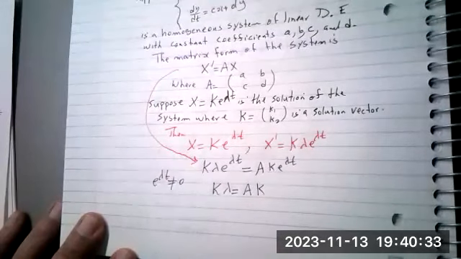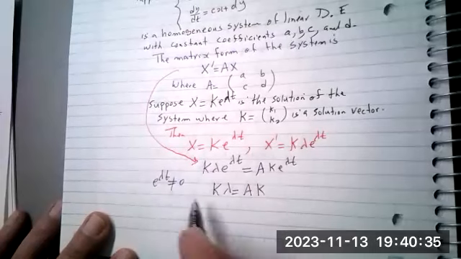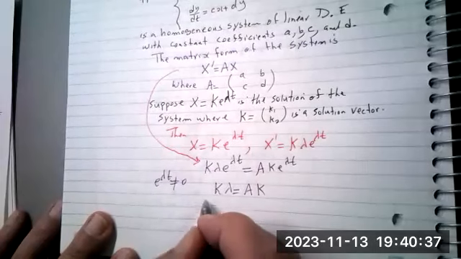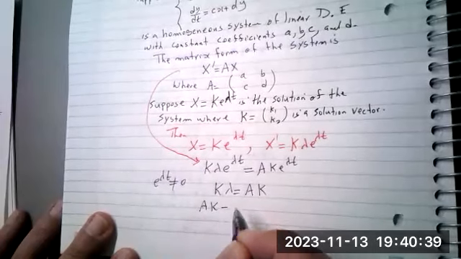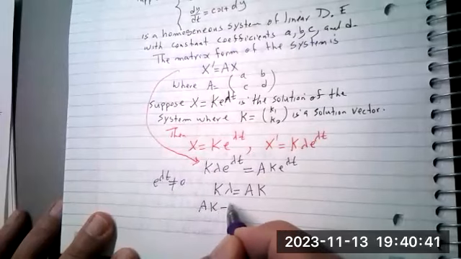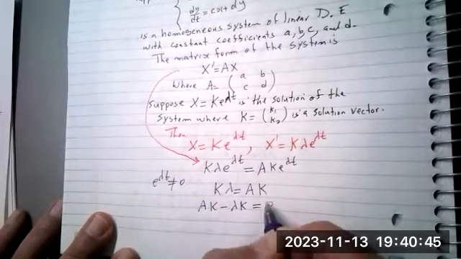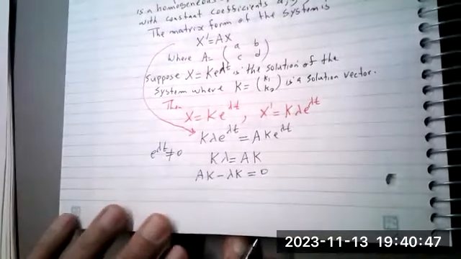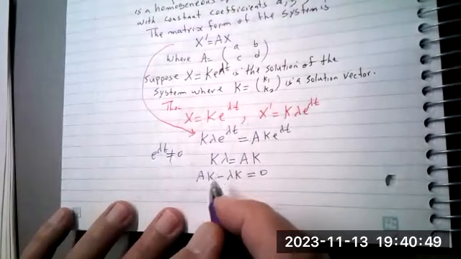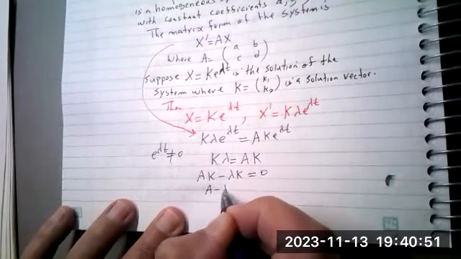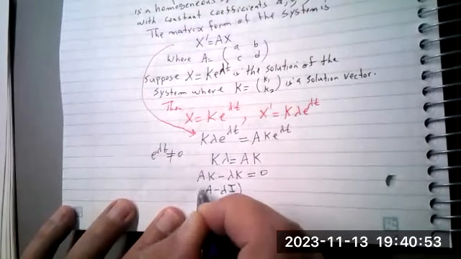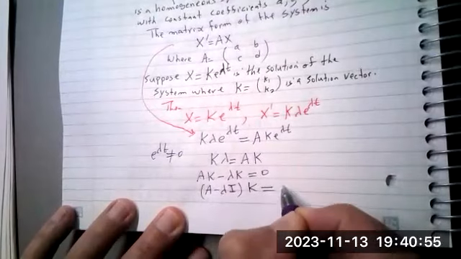Move everything to one side. I rewrite it as AK minus lambda K equal to 0. Factor out the K: this would be (A minus lambda I) times K equal to 0. You see?